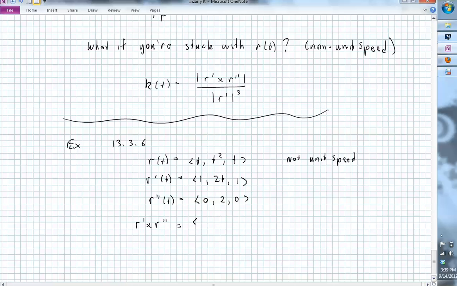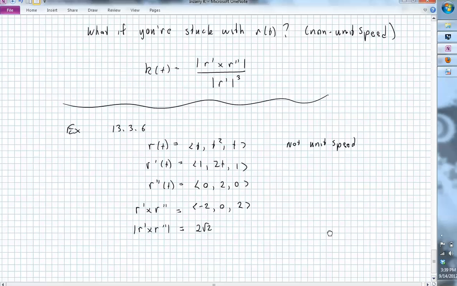Let's do the cross product. So it's 0, minus 2, 0, 2. Not so bad. Magnitude of the cross product: 4 plus 4, 8, root 8, 2 root 2. Got the numerator. Denominator, magnitude of r prime.